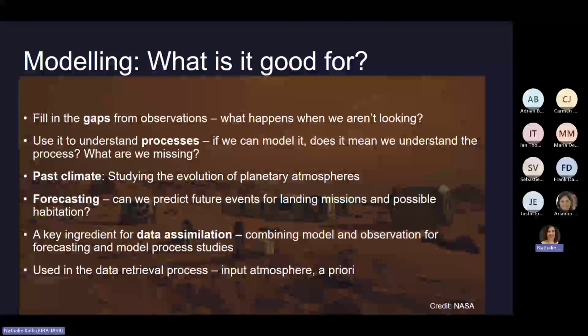And of course, you saw from Loic and others, we use the GCM for inputs into the data retrieval process, so an input atmosphere a priori. So keep my job, please.